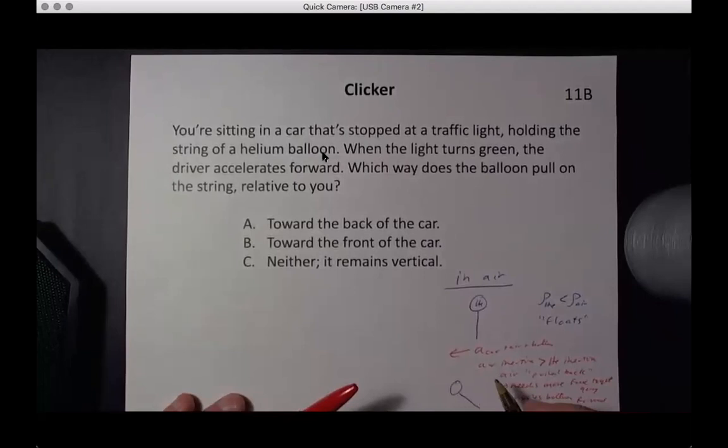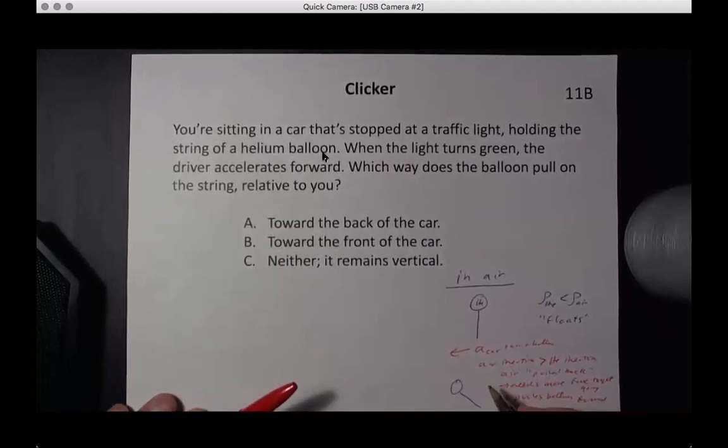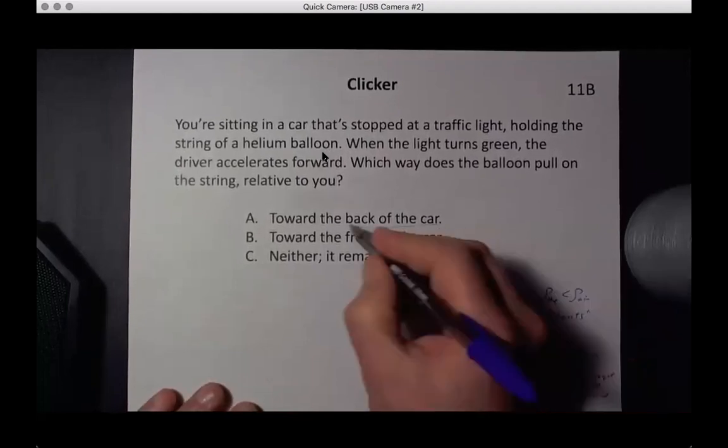It goes forward towards the front of the car because the air goes this way relative to the car. And so the balloon has to go that way to make up for it, right? The air goes that way and it's trying to float in the air, so it goes the other way. So this is the answer.